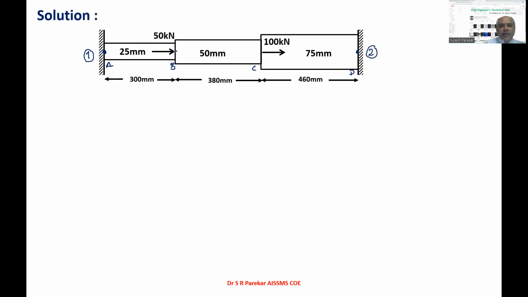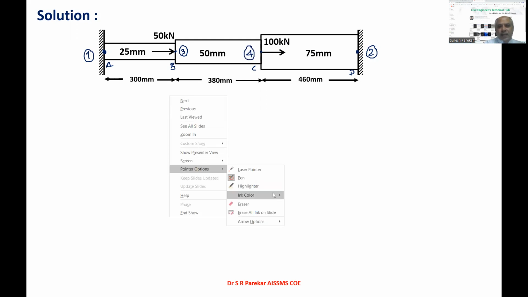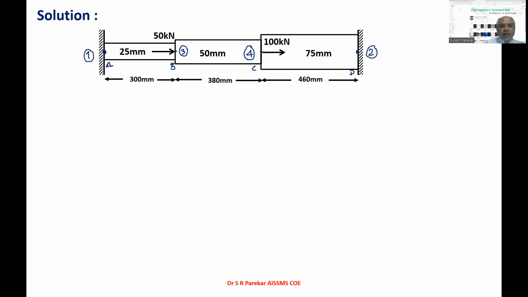Then in between, where the diameter is changing and where force is applied, this will be 3 and this will be 4. Now nodes 1 and 3 are connected by an element, and I will give it number 1. Then 3, 4 is the second element, and then 4, 2 is the third element.